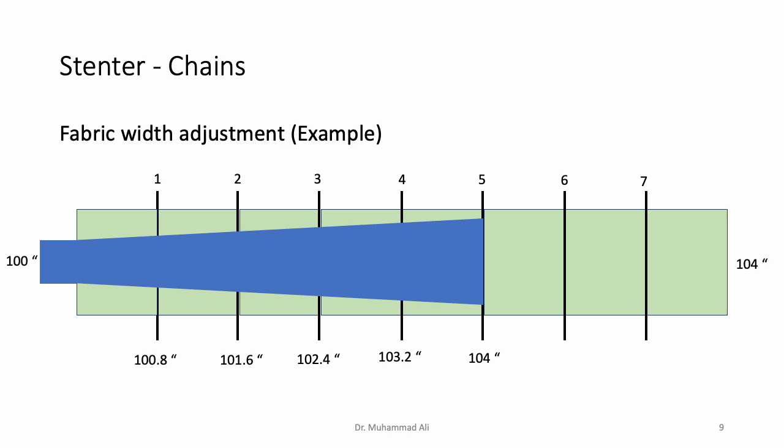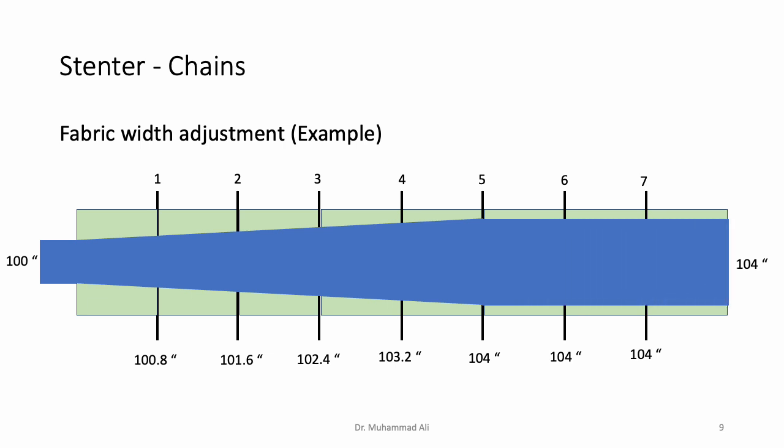On the next one, another increase of 0.8 inches to make it 101.6, and so on, all the way up to chain track number 5, on which the fabric has achieved a width of 104 inches. As it was mentioned in the example scenario, we are required to maintain the fabric width in the last two chain track guides at 104 inches exactly. So this is how the fabric width is maintained, and at the output of the Stenter we have this fabric which has a width of 104 inches, and the width has been set because the necessary dwell time has been given.